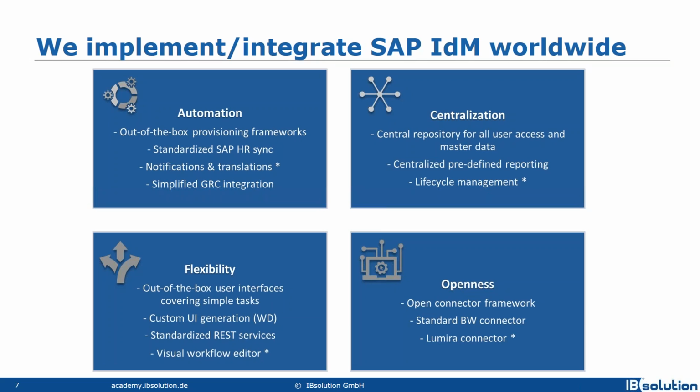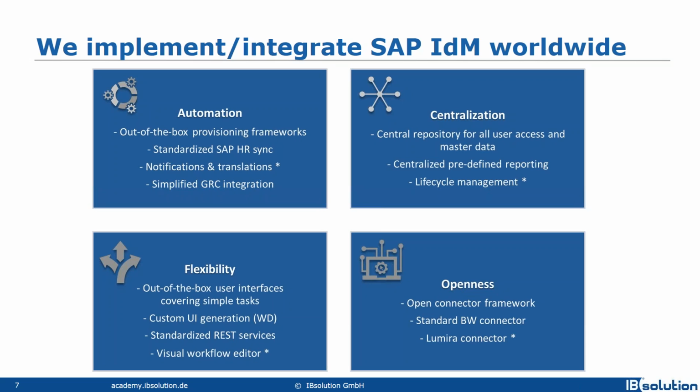And this is what IDM does very well. There are some out-of-the-box provisioning frameworks which are provided for different solutions. Of course, they cannot cover all. There is a standardized SAP HR sync, which is also provided, which can be configured to sync your employees out of the SAP HR world into IDM.